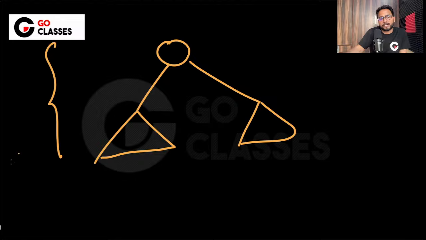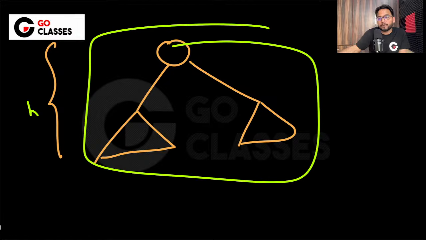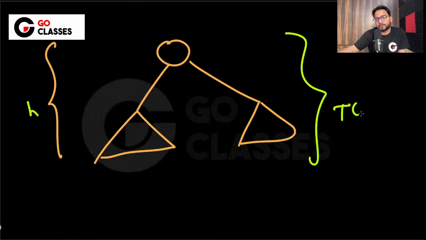Let's suppose this is height h, and the total minimum number of nodes here is Th. Since I want the minimum, one of the children has to be h minus 1, and another could be h minus 2 or h minus 1. It could be h minus 3 also in general, but they are saying the difference can be at most 1, so it cannot be h minus 3 in this case.